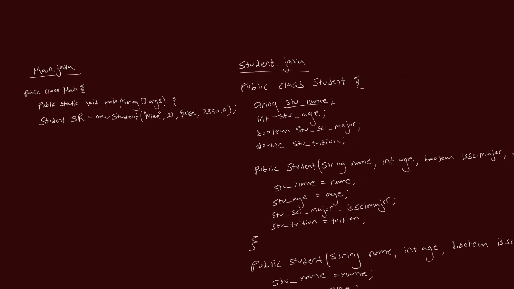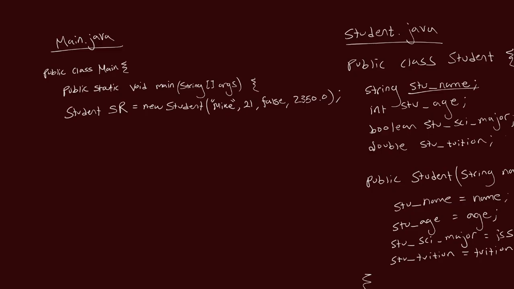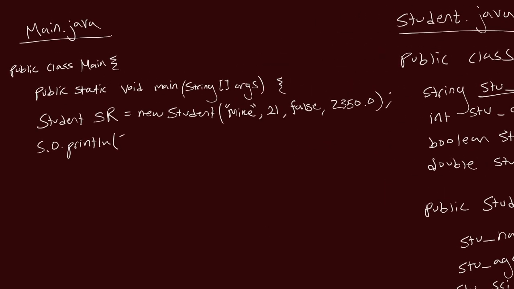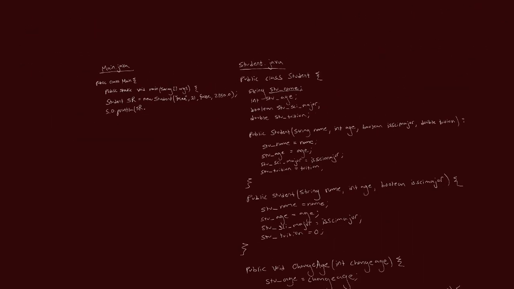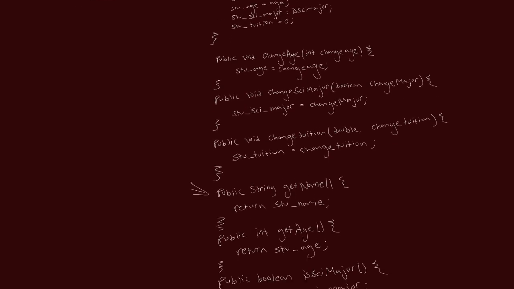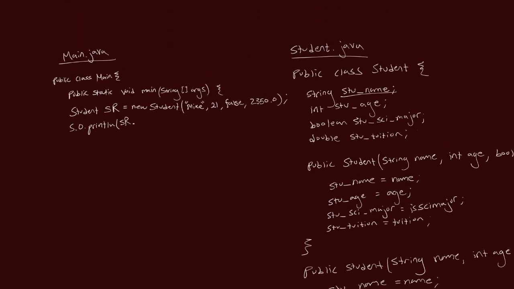So now let's start checking some info. I'm going to use s.out to be system.out because I don't want to write it multiple times. So system.out.println. Let's say I want to check my student's name. So I do sr, and then we call this method get name. So that returns their name. So get name, and this will return Mike.